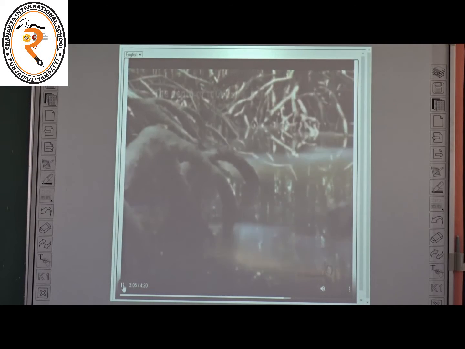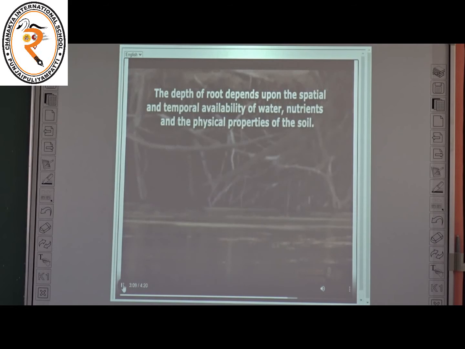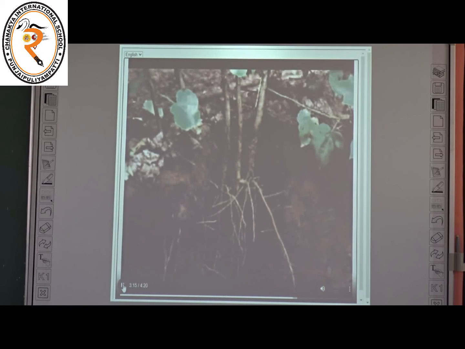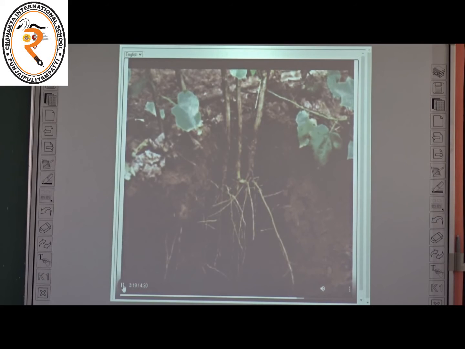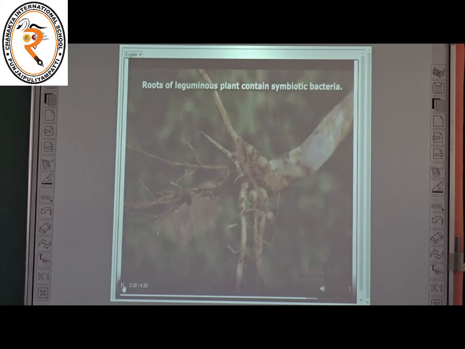The depth of root depends upon the spatial and temporal availability of water and nutrients and the physical properties of the soil. Apart from absorbing water and anchoring the plant firmly in the soil, some roots perform special functions such as roots of leguminous plant contain symbiotic bacteria that fix atmospheric nitrogen.